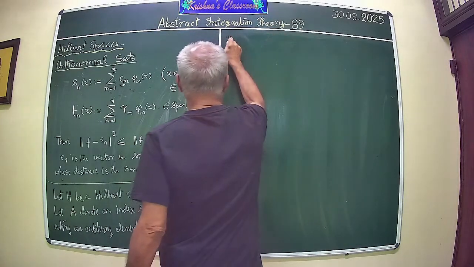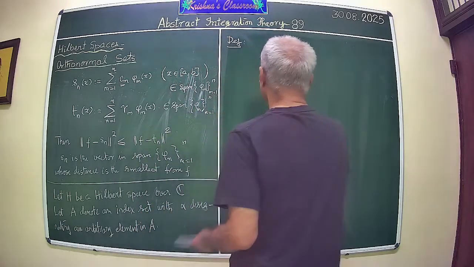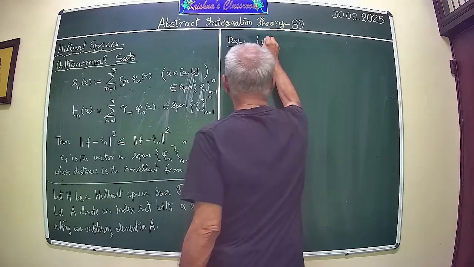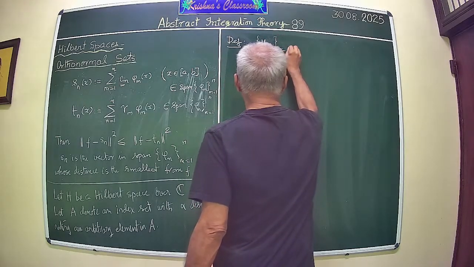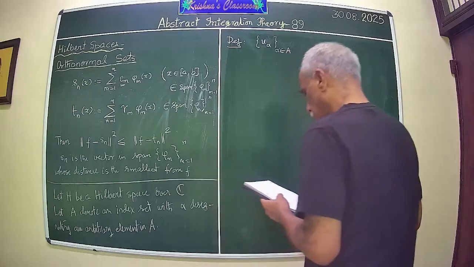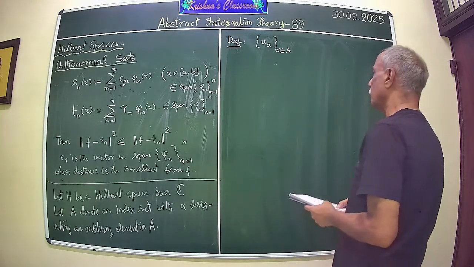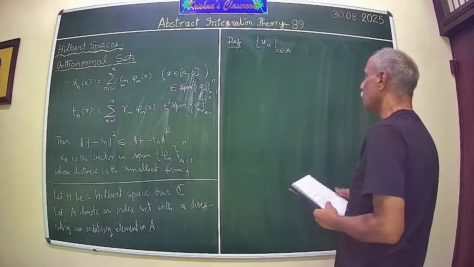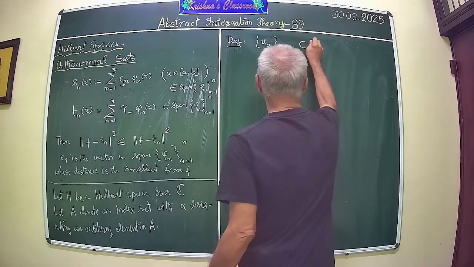Definition. A collection u_alpha, alpha in A, where A is the index set. I mean, this index set need not be countable, need not be finite. Okay? Could be even uncountable. So we are taking the general situation in H.